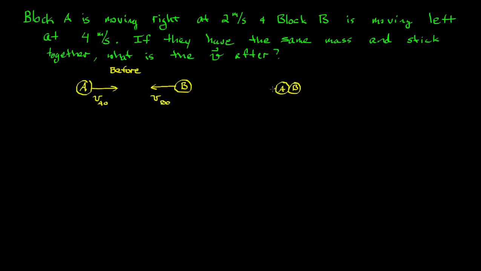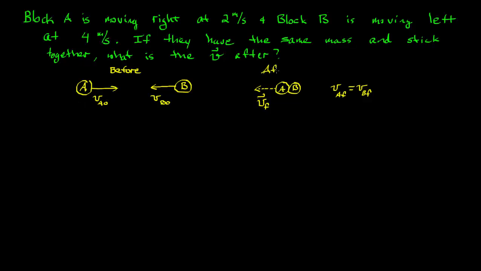So this is my prediction, I'll draw it as a little dotted line, it's going to move this way. That would be the velocity final. They're together, so they're going to have the same velocity. Like in the previous one, VA final is equal to VB final. I'm just going to call them final. That's the final velocity, and that's what I want to find.